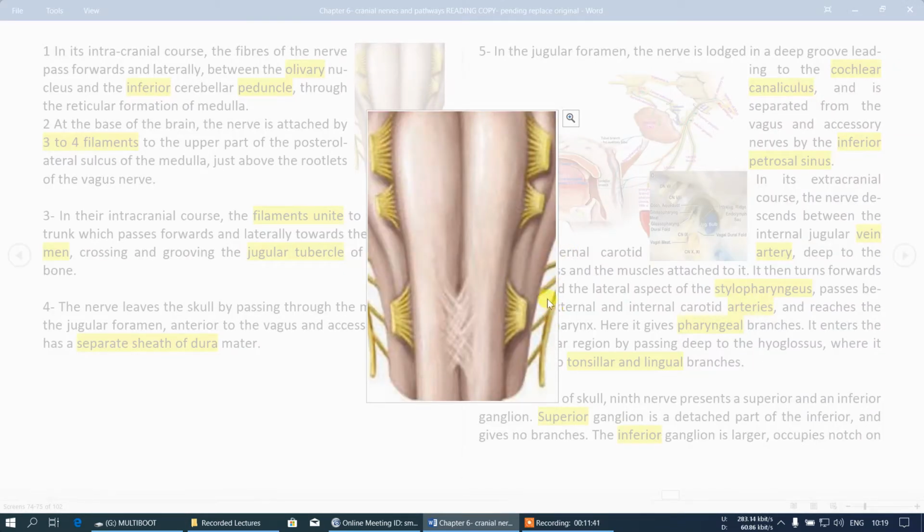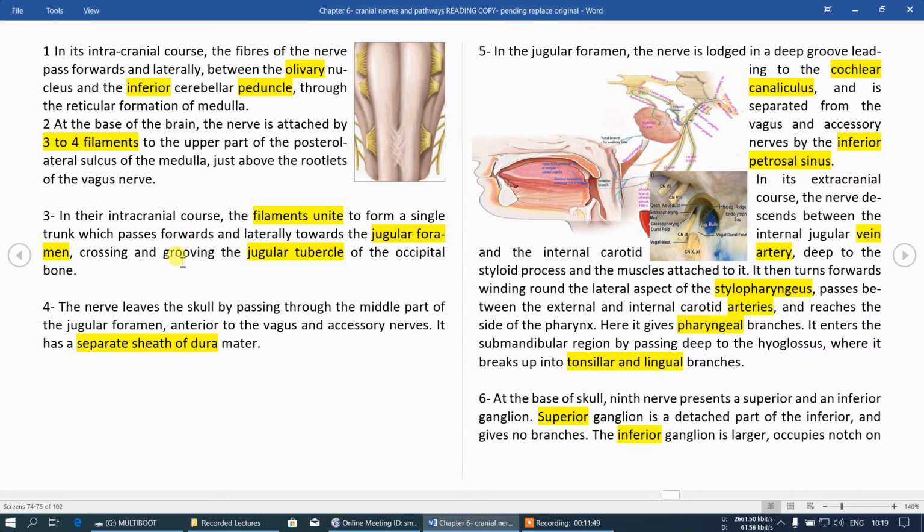On the side, this one represents the 11th cranial nerve, that is cranial and spinal accessory. You will see it in another lecture. In the intracranial course, these filaments will unite to form a single trunk. Then it will pass laterally towards the jugular foramen. All of you should remember the jugular foramen. It transmits the 9th, 10th and 11th cranial nerves.